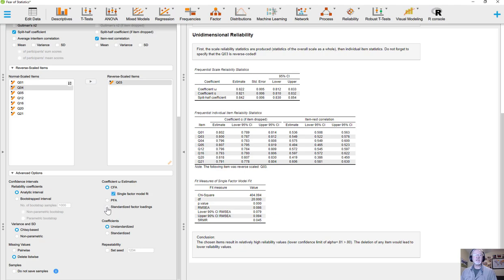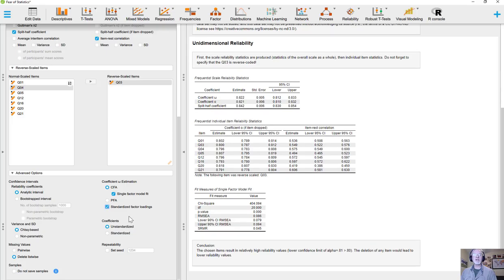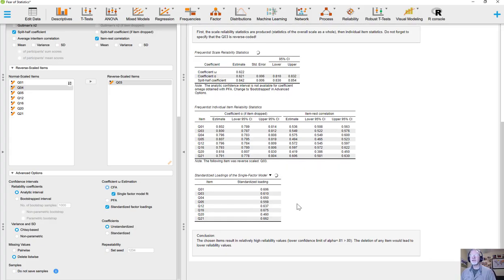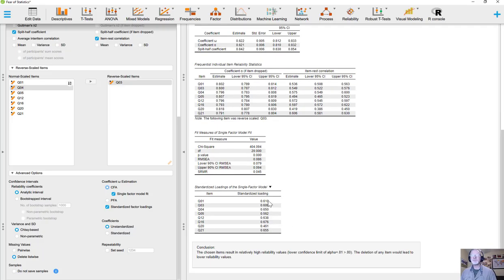I also want to see these standardized factor loadings. What I've noticed is those standardized factor loadings don't necessarily come in easily unless I click on that button for PFA, and then I can go back and they're still there. Okay. So my factor loadings all look fairly consistent.